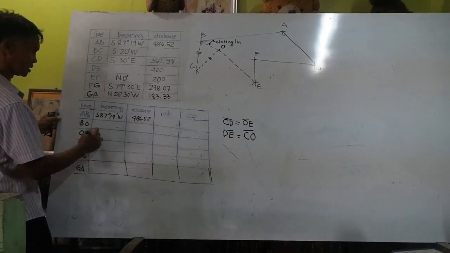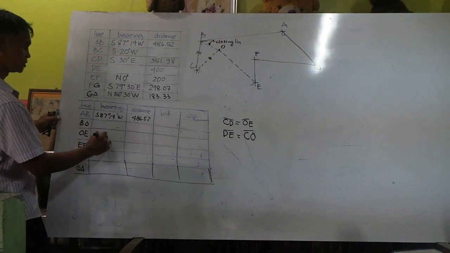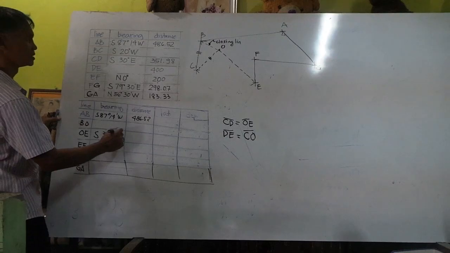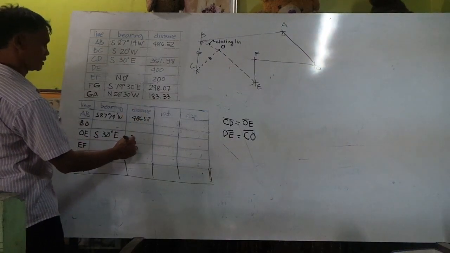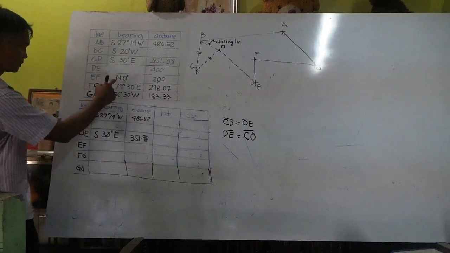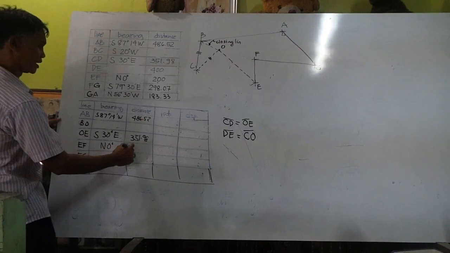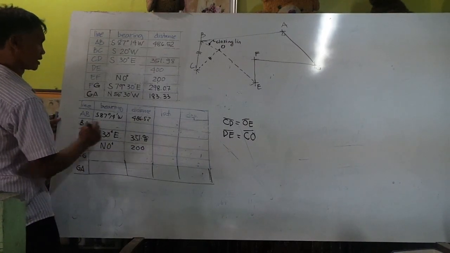This is the OA, no? So it is south 30 degrees east, then 351.98. Then EF, north, 0 degrees, then 200 ang iyong length.